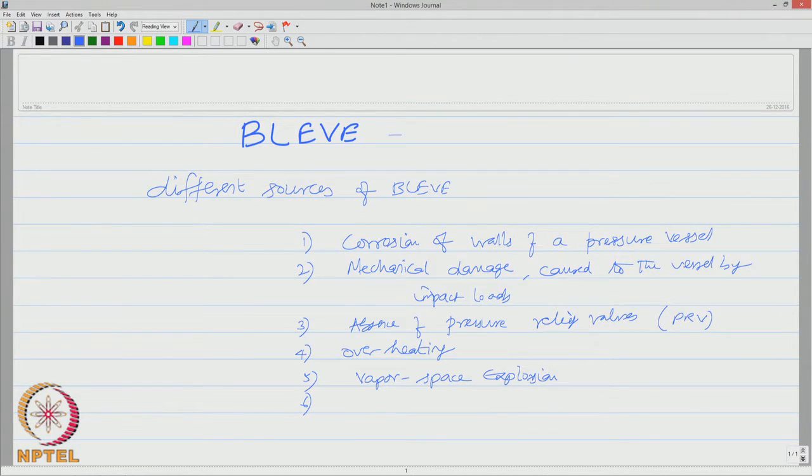The primary reason for occurrence of BLEVE could be exposure to higher temperature and exposure to more ignition sources.